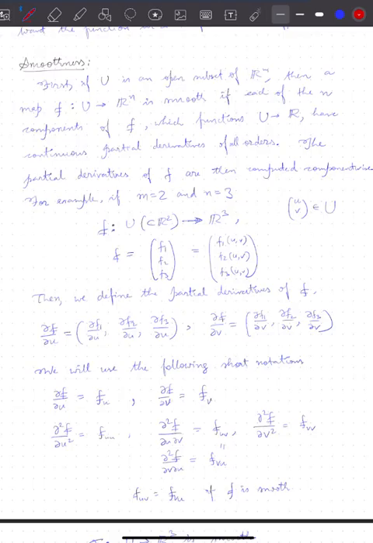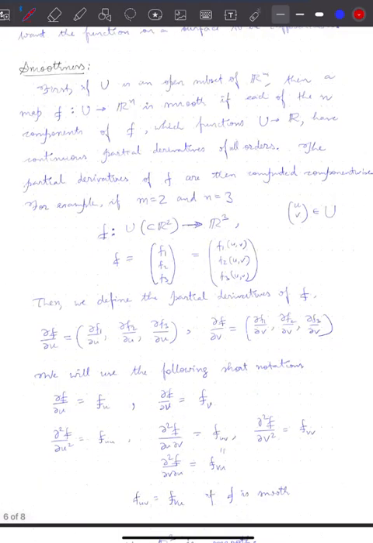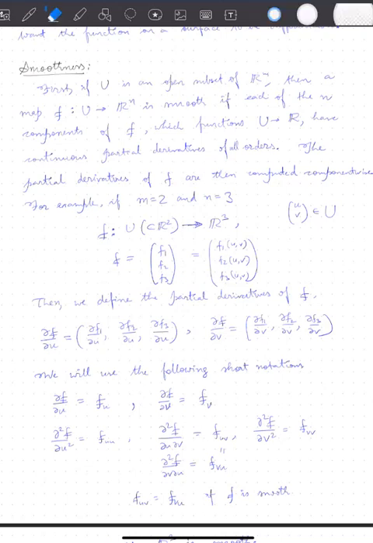So essentially, a surface maps a subset U of R2 to R3 space. And then this F will have three components, F1, F2, F3, all of which will be functions of u, v, which are just the coordinates in the R2 space, right?